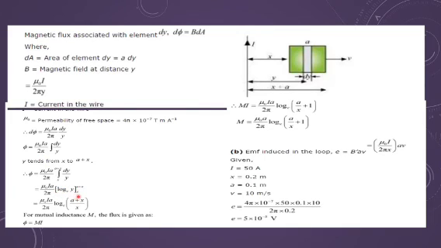Use upper limit minus lower limit. When you work it out, you get mu naught I a upon 2 pi times log of (a plus x) minus log x, which you can write as log of (a plus x) divided by x. This is the value of the flux.